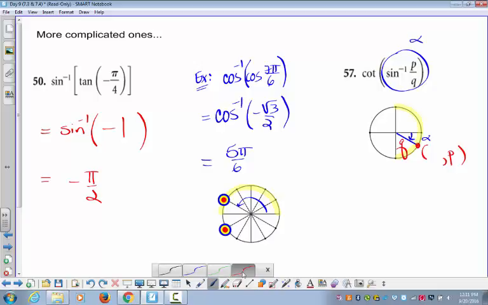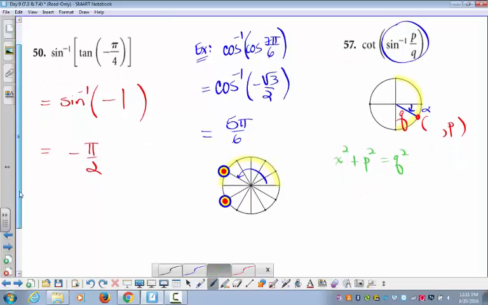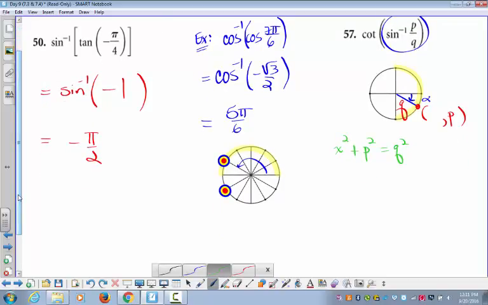Now we need to find that x value. We know that x squared plus p squared is going to be q squared. Pythagorean theorem. Solve for x. We're going to subtract off the p squared, and then we have to take the square root. And it's plus or minus.